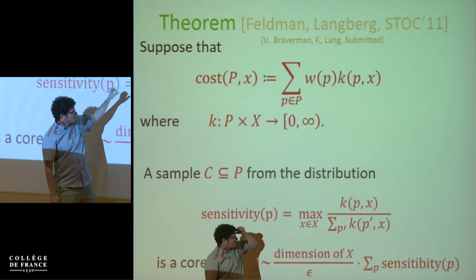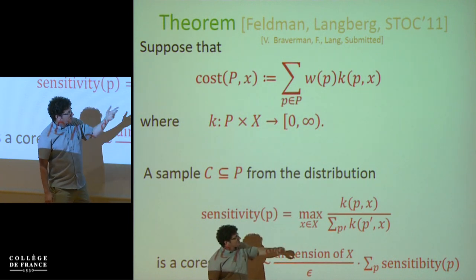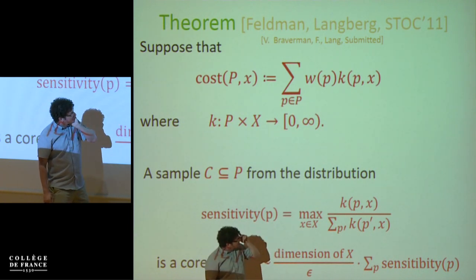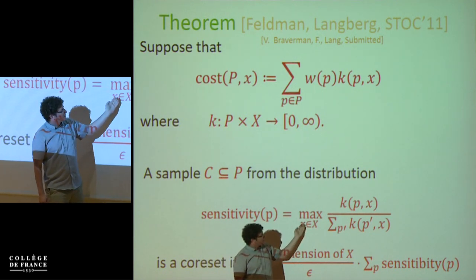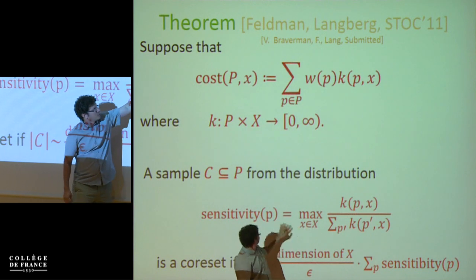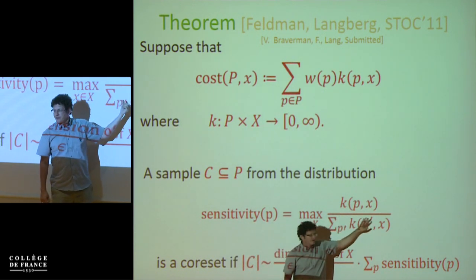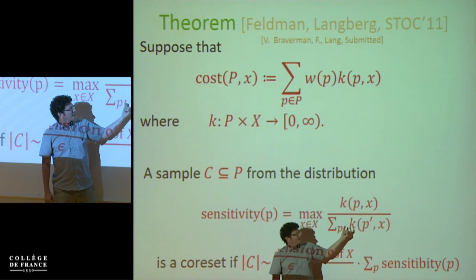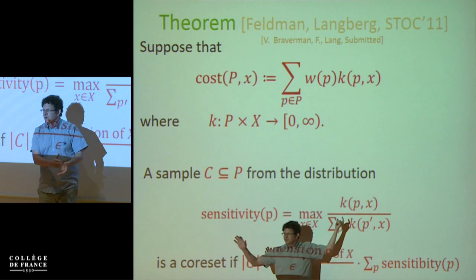The intuition behind this formula, I mean, the proof exists, but there is a simple intuition. We go over all the queries, and we look at the contribution of p to the query relative to the sum of everyone, the contribution of everyone. If everyone else can be neglected, but you take 99% of the cost, we must take you into the core set.